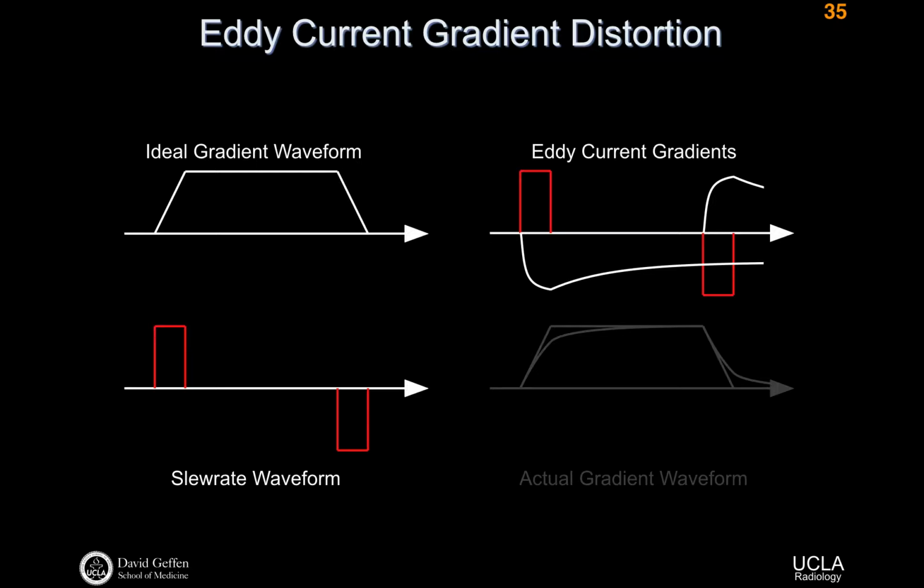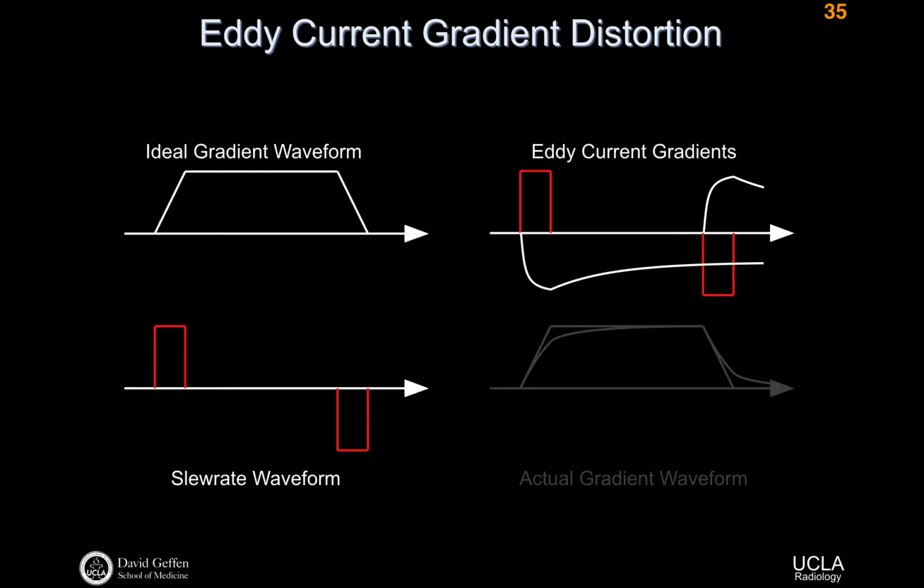That same structure, when you ramp down this gradient here, you'll also induce another current in that conducting structure, but because it's in the opposite sense, the current ramps up this way with the same time constant dictated by the L over R, and then it will decay as a function of time. And so these are the eddy current gradients.